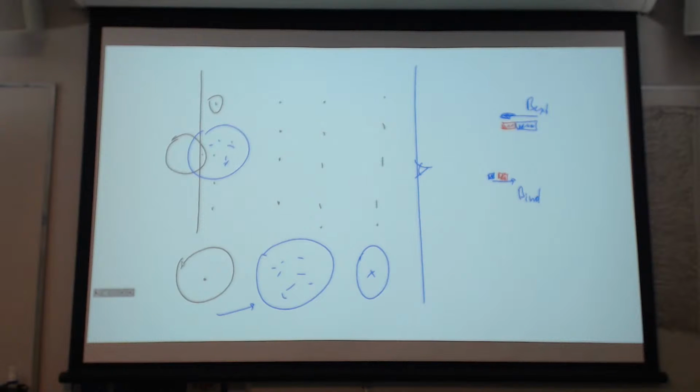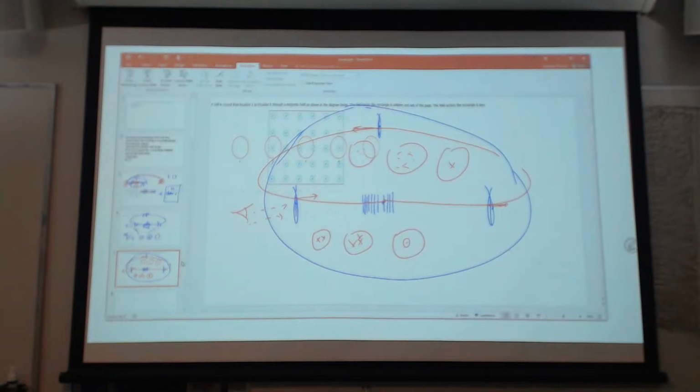So we need to take a look at the poles to figure out if they attract or repel each other.